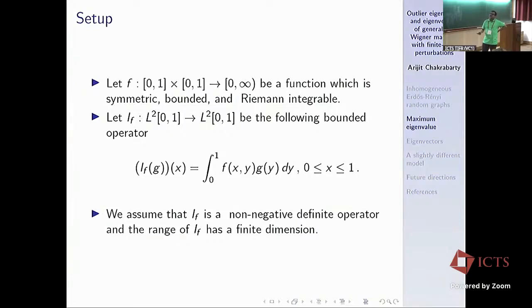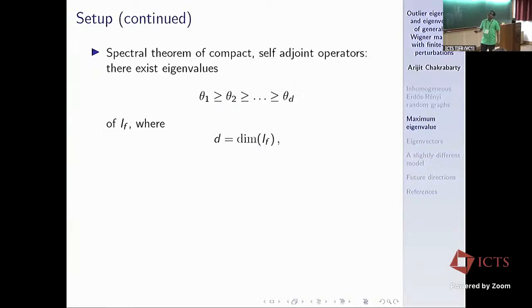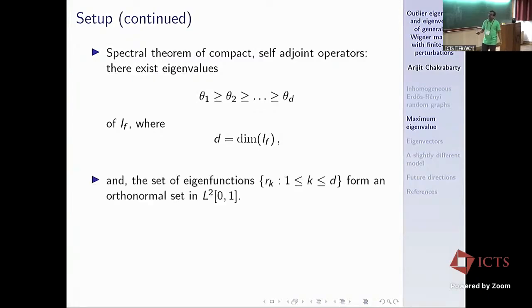In other words, its range has a finite dimension. So whatever assumptions we had in the last slide essentially mean that it has finitely many non-zero eigenvalues, θ1, θ2, ..., θd, where d is the dimension of the range. And of course, the set of eigenfunctions forms an orthonormal set.